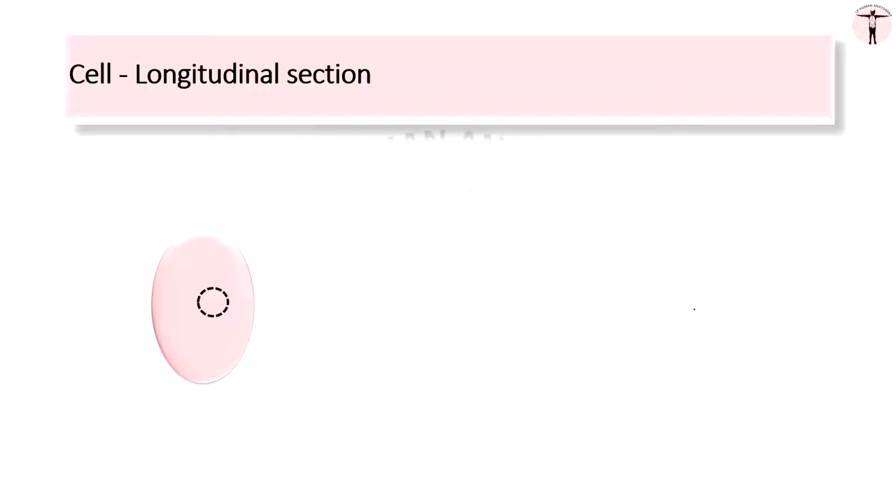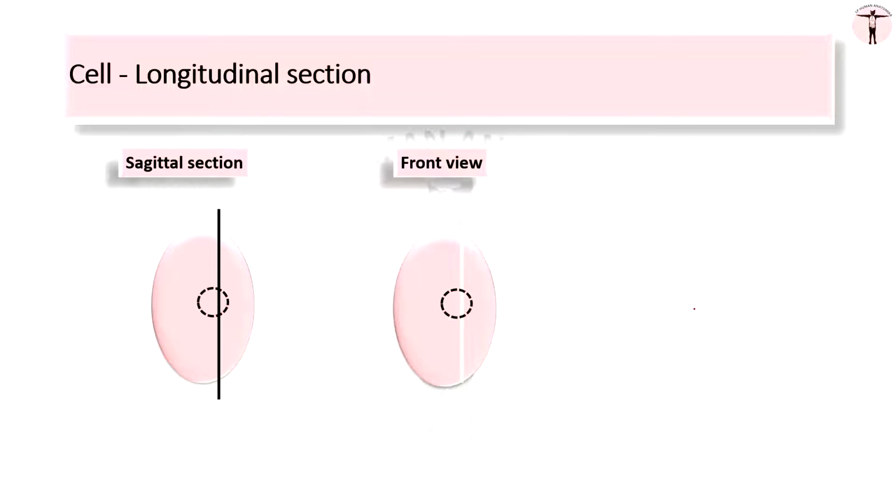When the section passes a little lateral to the mid sagittal plane, we call it a sagittal section. Here you can observe the two parts are asymmetrical. Just get the orientation of this.